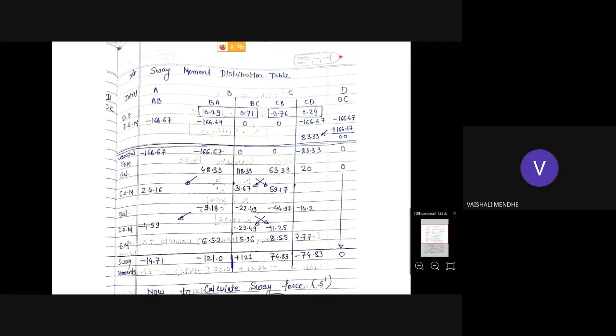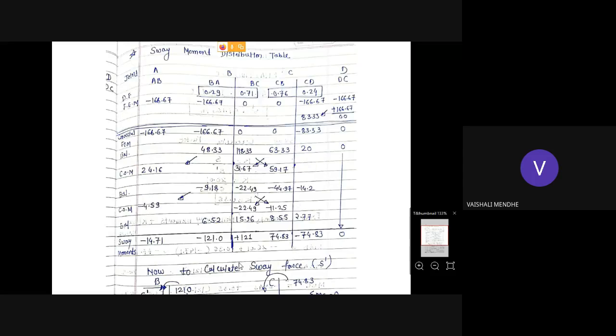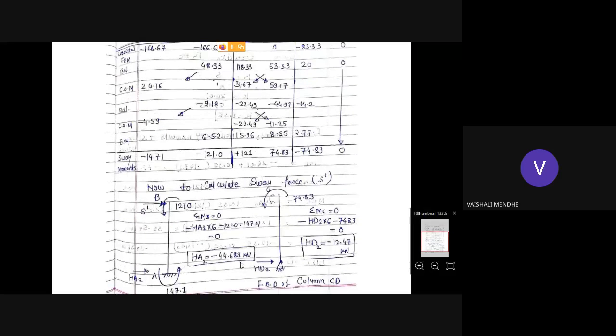We have to calculate the sway force, that is S dash. Okay. So using these moments, the sway moments at AB, BA, you have to consider these moments to find the sway force, that is S dash force. Okay. So again by referring to figure 1c, I have not drawn the figure here.